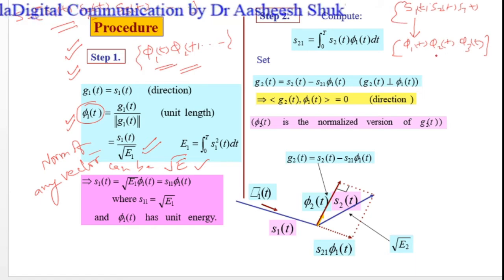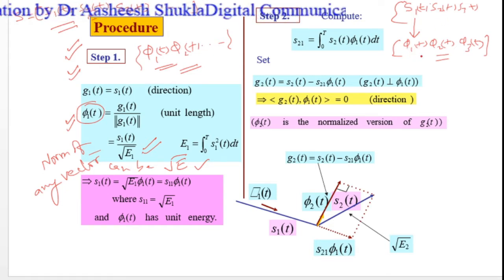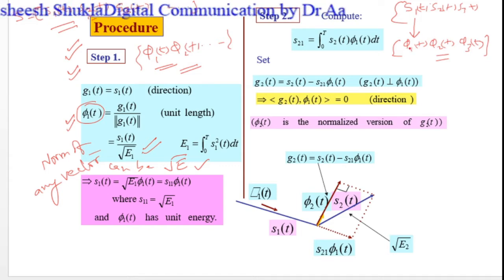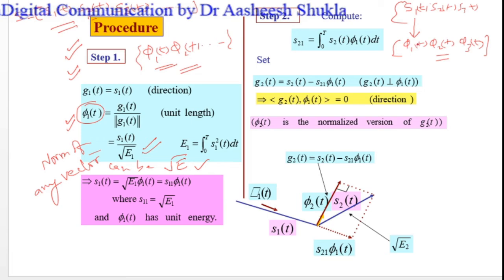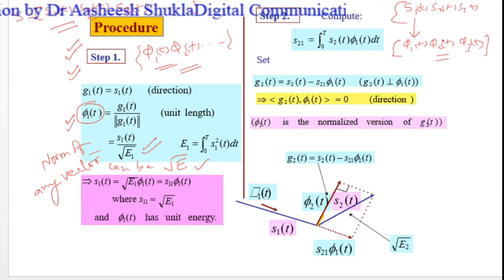Now we have to calculate phi 2(t). Definitely we have to take the help of S2(t). So what is the process now? Because now we have one vector with us, phi 1(t), the next vector should be orthogonal to phi 1(t) as well as orthonormal to phi 1(t), right? So we have to make the next vector orthogonal to phi 1(t), and we also have to take care that the energy is normalized.